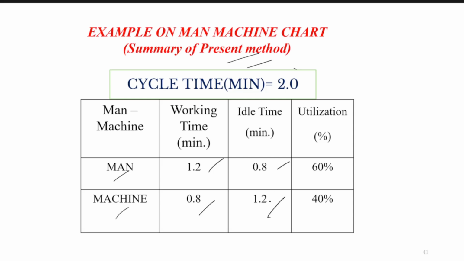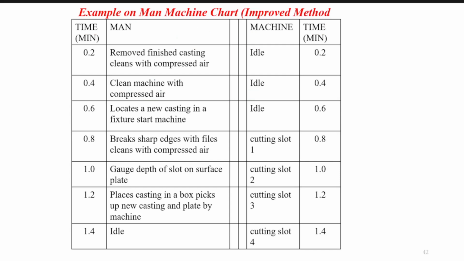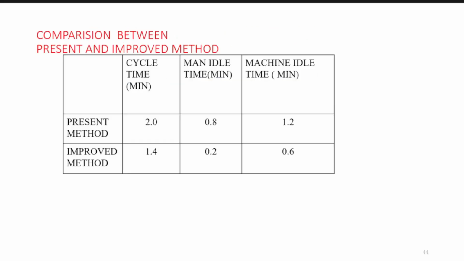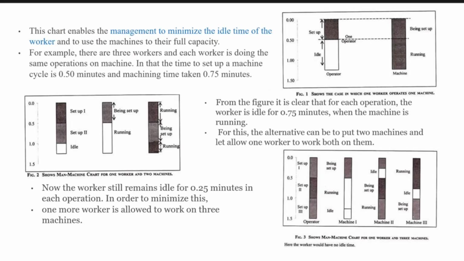Idle time for machine is 1.2. And the utilization column is there: 60% utilization of the man and 45% utilization of the machine. This is a very good example of the man-machine chart.